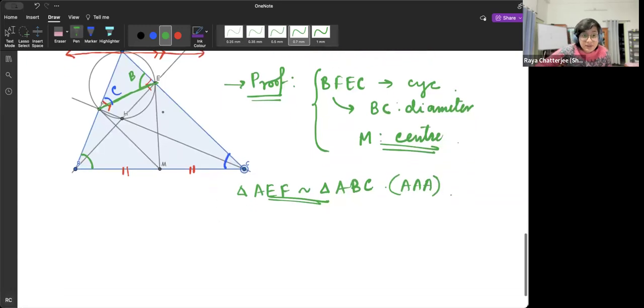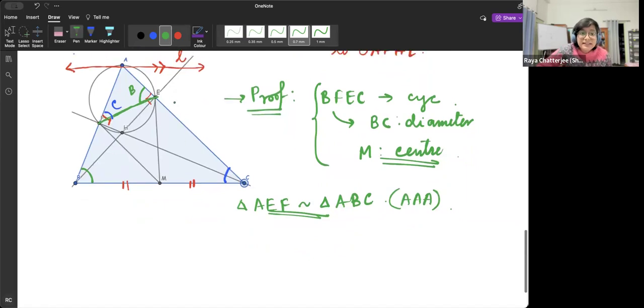And since this holds, again, L was parallel to BC, right? Therefore, the angle between L and AE is going to be equal to this angle by the alternate angle theorem.